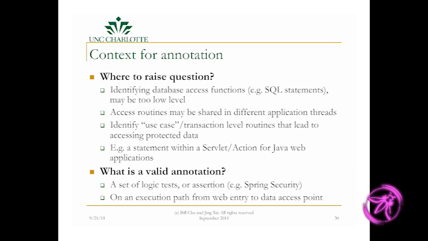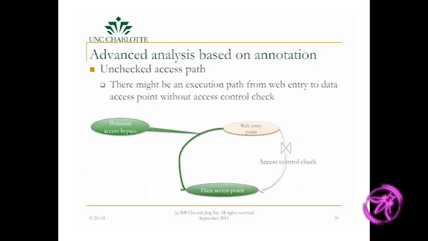Okay. Now, armed with that information, we can actually do some very interesting analysis. I think those kinds of analysis are not currently being done, at least out of the box, in static analysis. So for example, here's your web entry, and here's your database access, and we ask the developer, where's your access control logic?